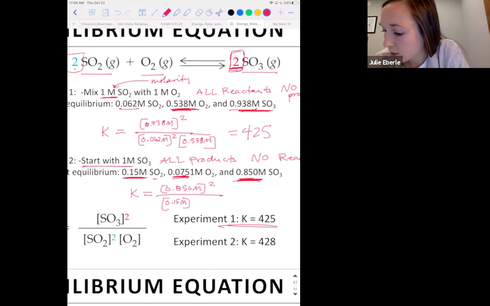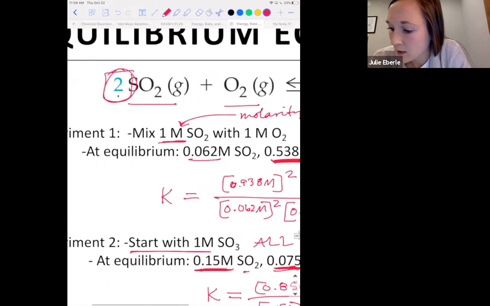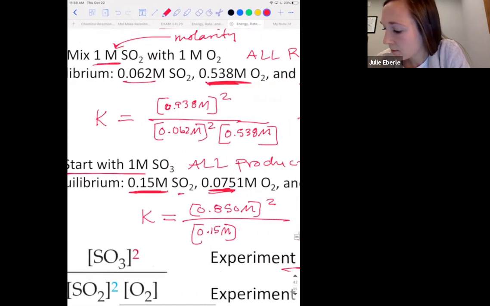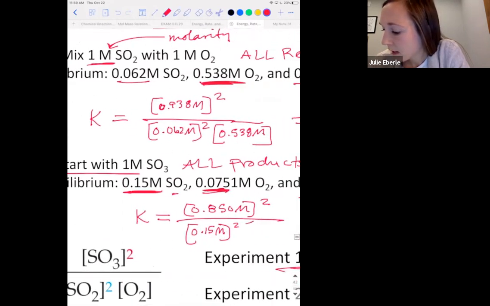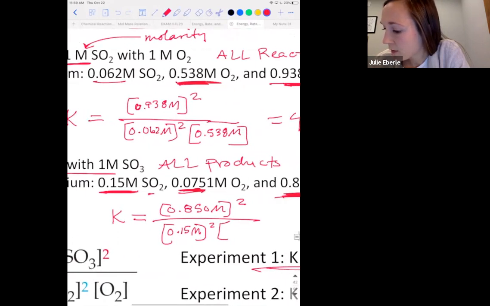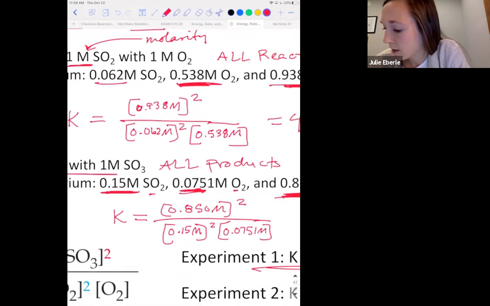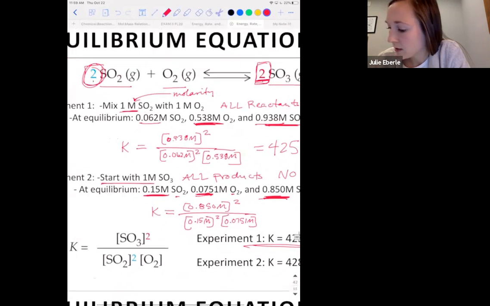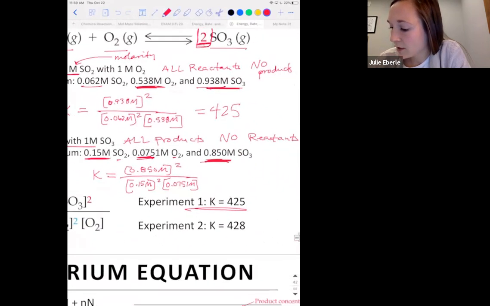This is for SO2. That's the first reactant. And we're going to square it because of the coefficient of 2 on that one. Times the concentration of our second reactant, oxygen, 0.0751 molar. And we do not raise it to the power of anything because the coefficient is 1. And if you did this and threw that in your calculator, you should find that K is 428.